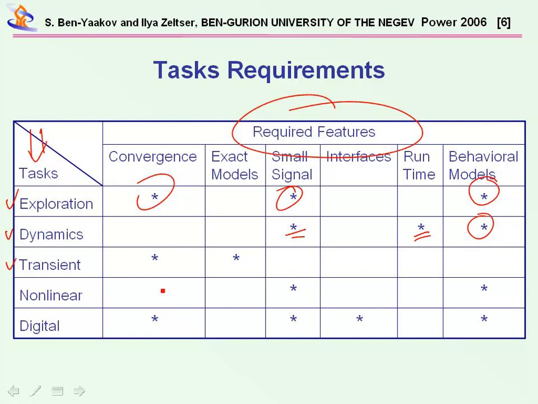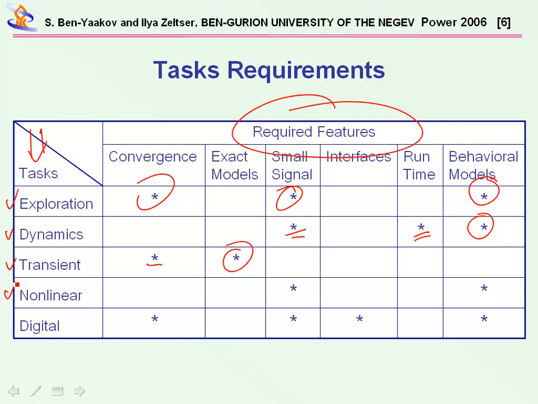As for transient analysis, convergence could be extremely important because transient means we are looking at the real edges of the changes. Then of course the question is how well the simulator is capable of coping with very fast transitions. We would like to have exact models of transistors, diodes, and other elements, and these are really the important issues in transient analysis.